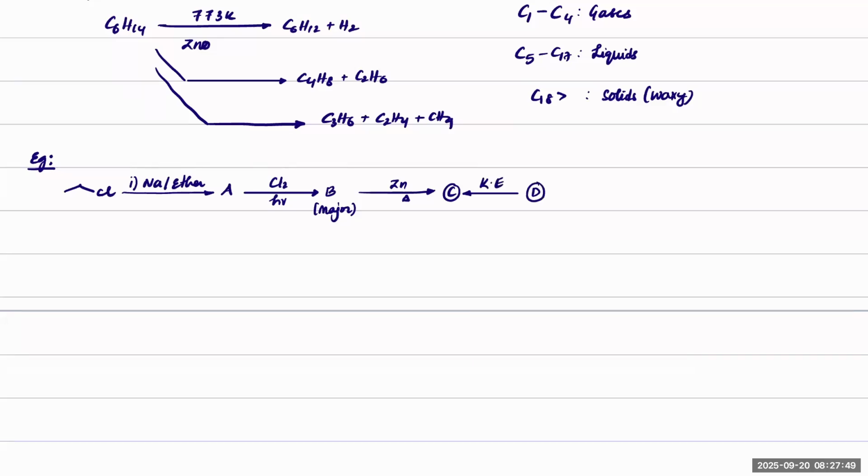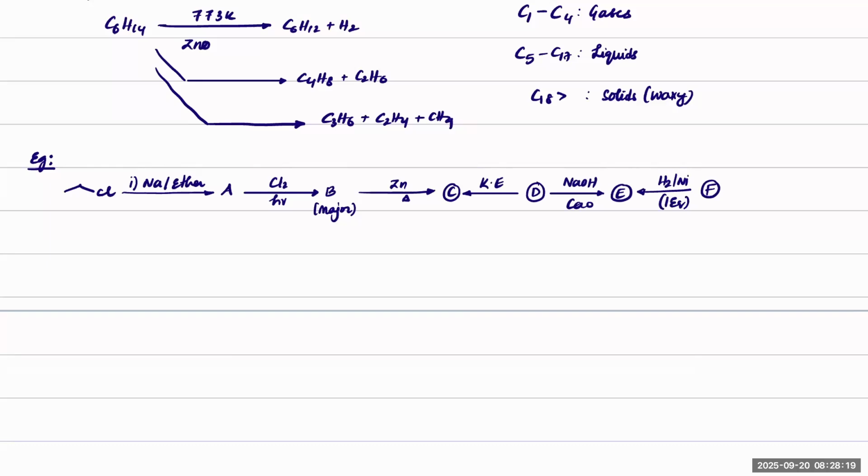And now this D, when you treat with NaOH and CaO, it will give you E. Same decarboxylation. And this E can also come from F, wherein F is treated with H2 over nickel, one equivalent.